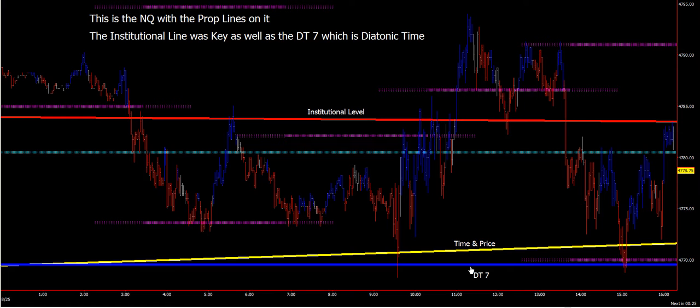One of the other things that you're going to find, and this isn't mystical or anything like that, is that the numbers 7 and 3 are going to come through when you're trading the markets over and over and over again.